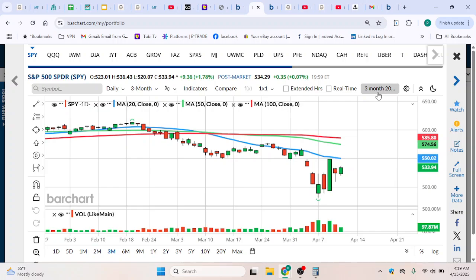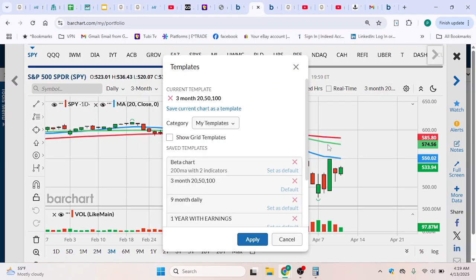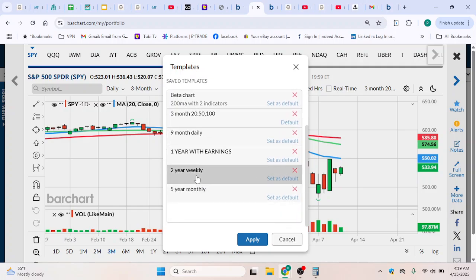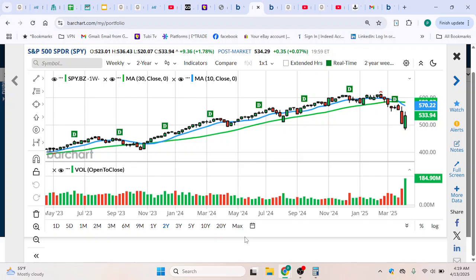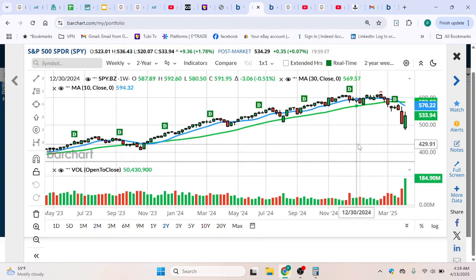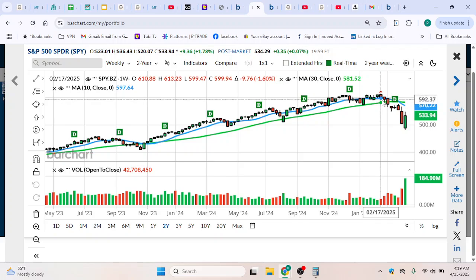So now let's just go out to a higher time frame so we can get some context of this move. I'm going to look at a weekly chart real quick, and you can see the volatility since mid-February has really picked up.